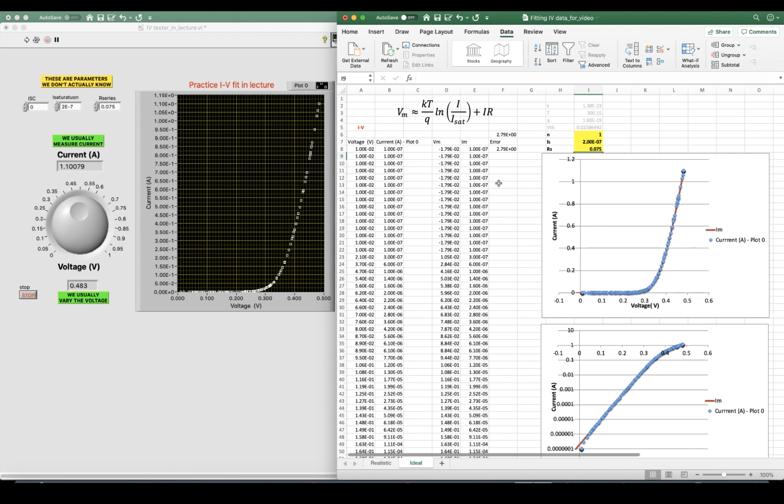One last thing to check is, how do you know how good your fit is? Well, you can tell just looking at the curve, just by eye, if things are actually okay. But another way of looking at it is looking at the difference between the proposed fit and the actual measurement.